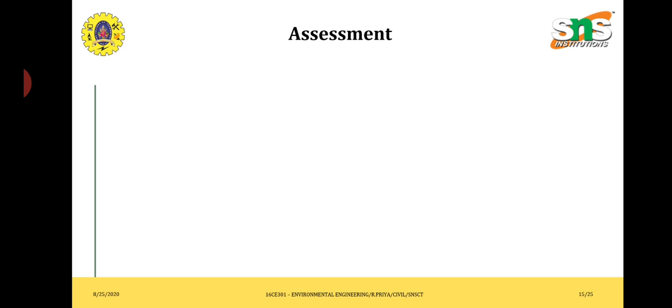Let me summarize once again. Today we have seen what is meant by water demand and how to compute the quantity of water. The water quantity is calculated by multiplying the population by the per capita demand.